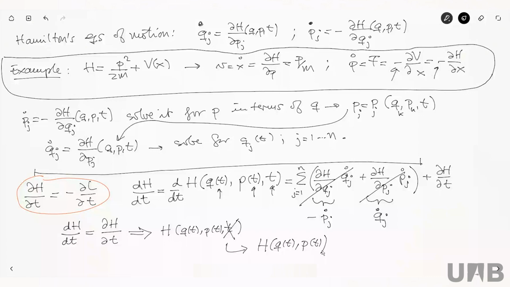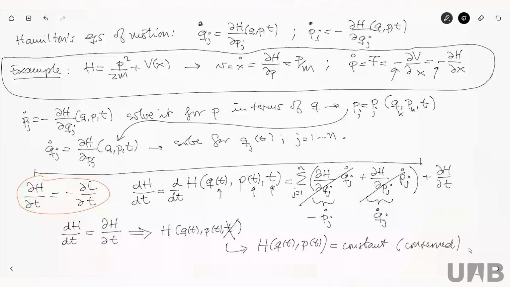Independent of the time. In other words, what do you call something? Conserved. Exactly, is a constant, or if you wish, is conserved. Exactly. So if the Hamiltonian does not depend explicitly on time, it is a conserved quantity.